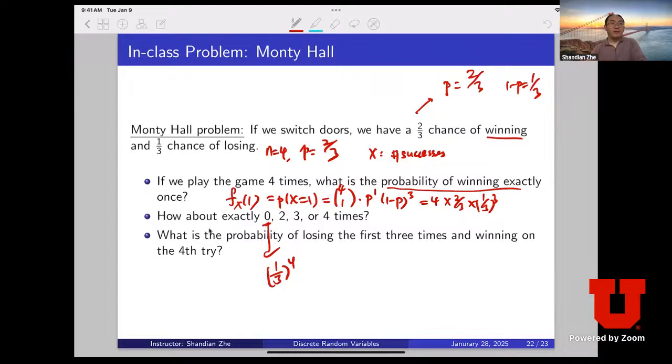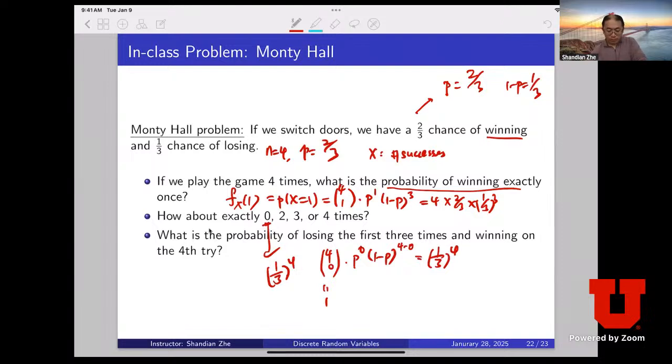If we just apply the formula, here k equals 0, so n choose k means 4 choose 0, which is just 1. You can verify that by yourself. And then p to the power of the number of successes, which is 0, times (1 minus p) to the power of 4 minus 0, which is (1/3) to the power of 4.